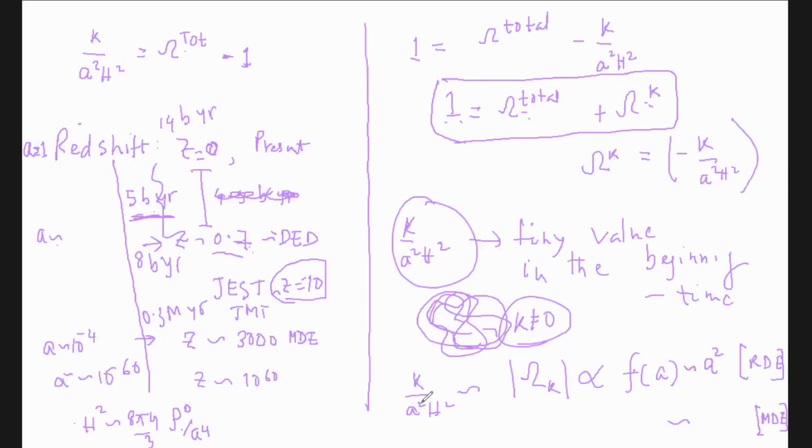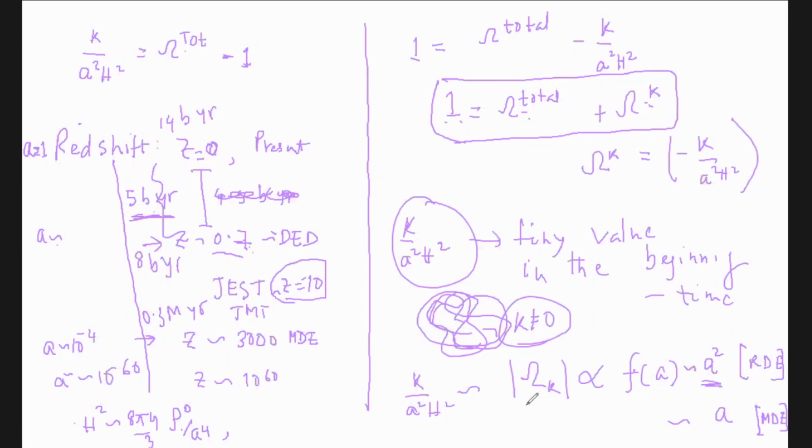So if you put it here, it is a squared times a squared, and a squared is 1 by a to the power 4. So 1 by a squared remains, and that goes into the numerator and becomes a squared. For matter dominated, this is 1 by a cubed. So a squared times 1 by a cubed. So 1 by a will remain, and it will go like this. Is it clear now?